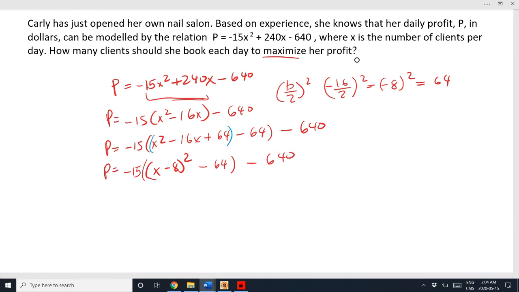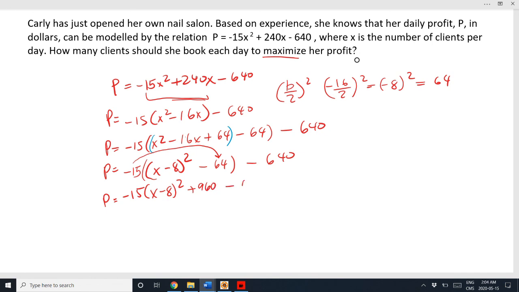So before we can add our other like terms together, we just have to multiply this coefficient into this negative 64 here. So we're going to get negative 15 times negative 64, which in this case is going to be equal to 960. So P is going to be equal to negative 15 bracket x minus 8 squared. And when we multiply it, it's going to be positive 960.